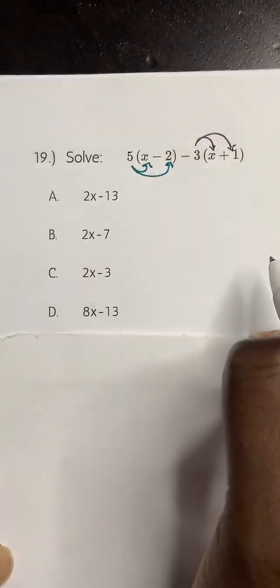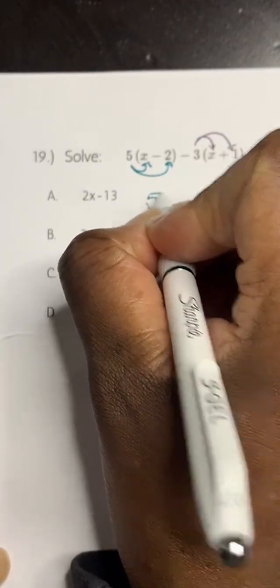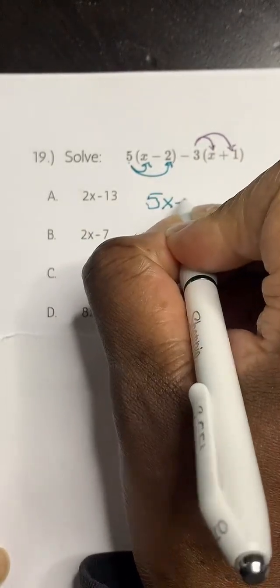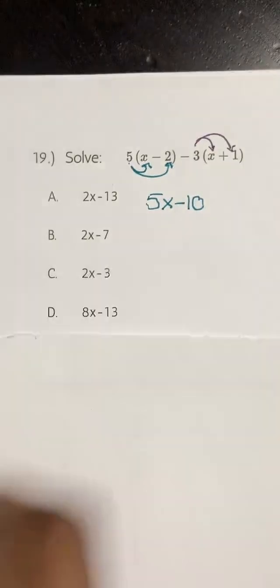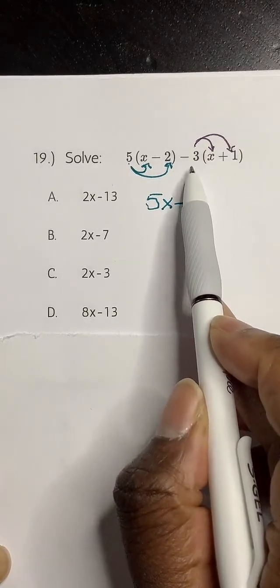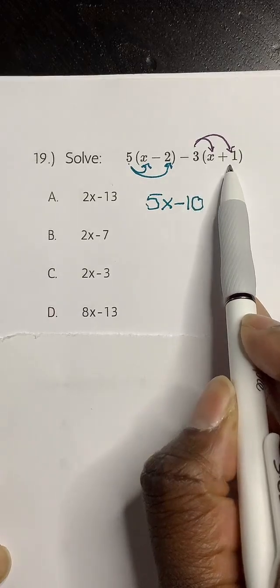when we distribute, we multiply. So 5 times x, that gives us 5x. And then 5 times negative 2, that gives us a negative 10. All right. So now, when you distribute this next one, this is what gets a lot of people. A lot of people will just distribute the 3.